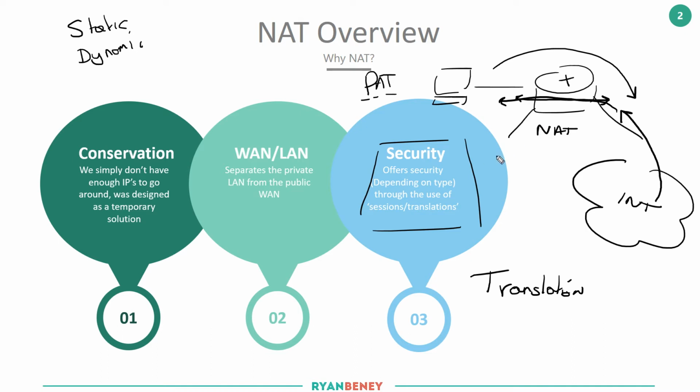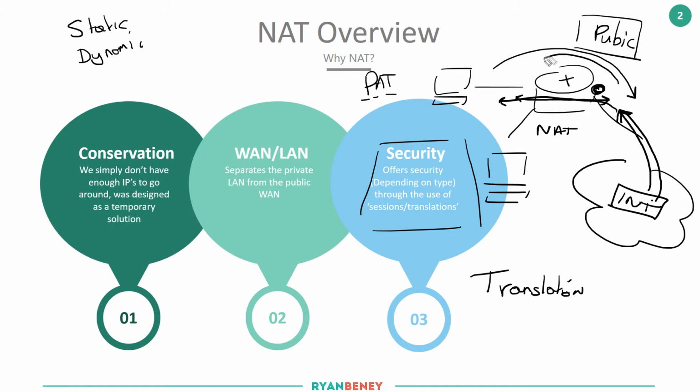So the idea is you've got a PC over here and it's on a private IP address, and someone is trying to attack it on the internet. Well, it won't work, because it will hit the front door of the router where the public IP is, and there'd be no open session in order for the router to move it towards that PC.